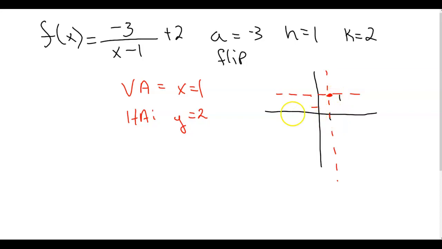So I'm going to go down. So it's the same thing, so we kind of ignore this. So if we come 1 to the right, that puts me at 3. So that's going to be at negative 3 over 3. So that puts me at negative 1. So right there, and there is our stretch, because we got to go 3 spaces. So we went down 3 spaces. 2 from here, 1, 2, and then down 3.